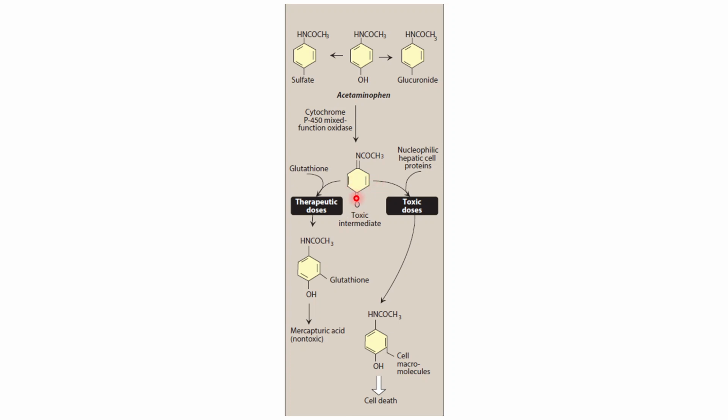In high doses, when glutathione stocks decrease and can no longer bind this toxic intermediate to make mercapturic acid, the toxic intermediate increases and leads to cell death because of hepatic protein destruction.